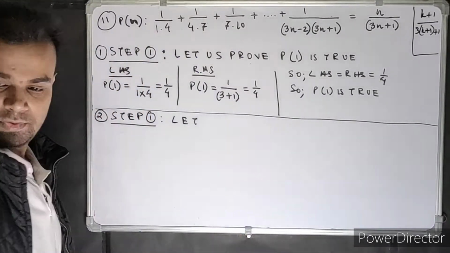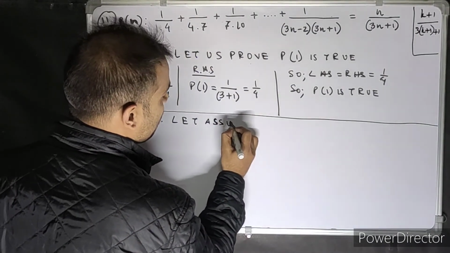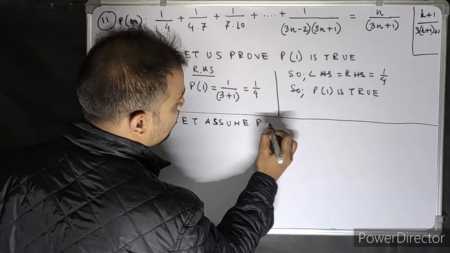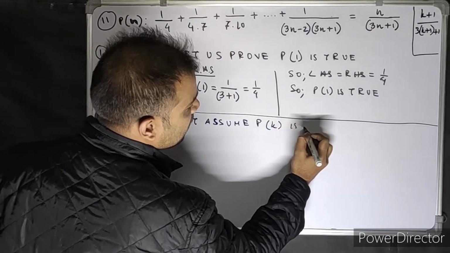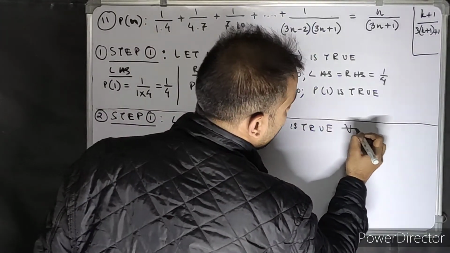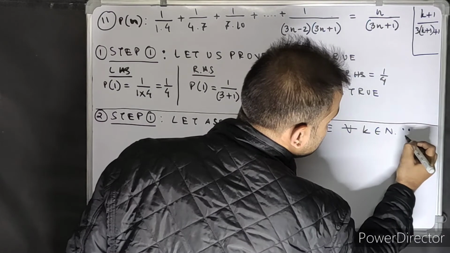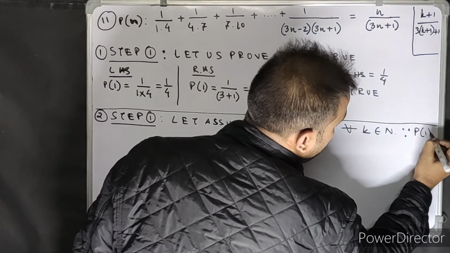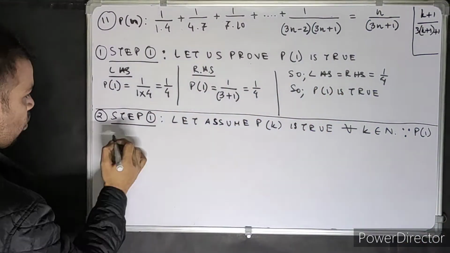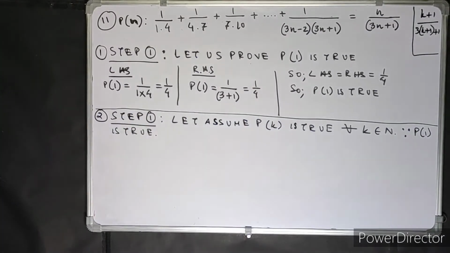The proving part is the first part; this second part is just assume. Let us assume P of k is true for all k belonging to natural numbers, since P of 1 is true.